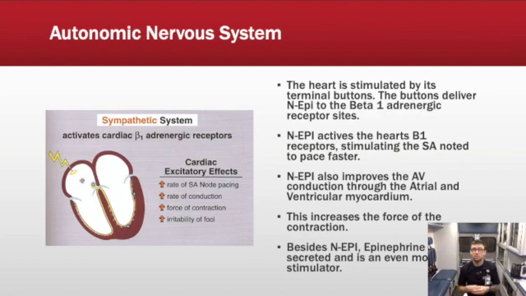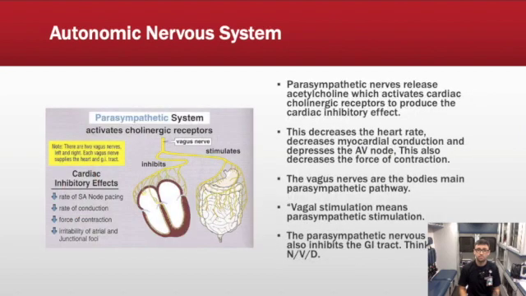It also improves the AV conduction through the atrial and ventricular myocardium. So it's actually helping that impulse get through the atrial and ventricular myocardium. It increases that force of contraction, which is actually making the heart pump harder. And epinephrine is also secreted and even more helps as a stimulator.